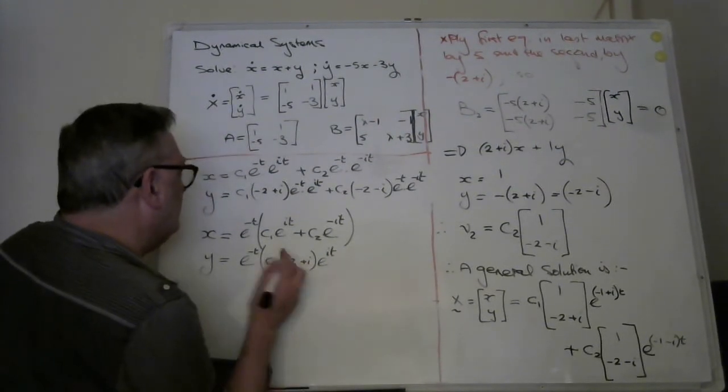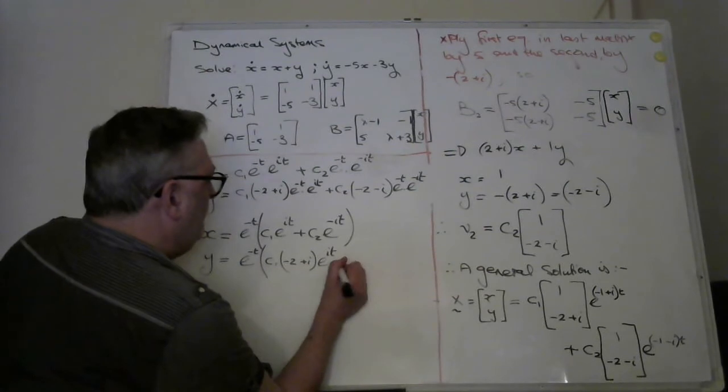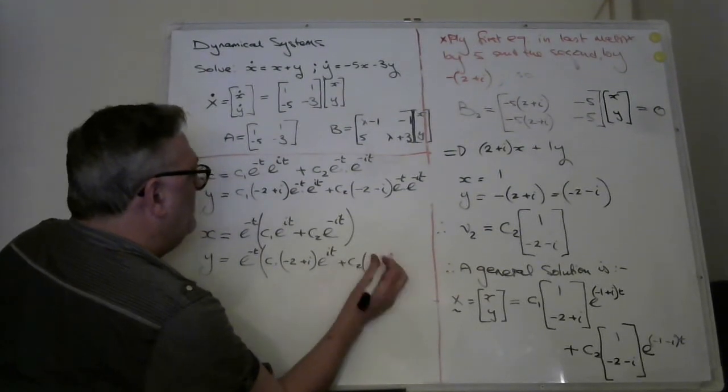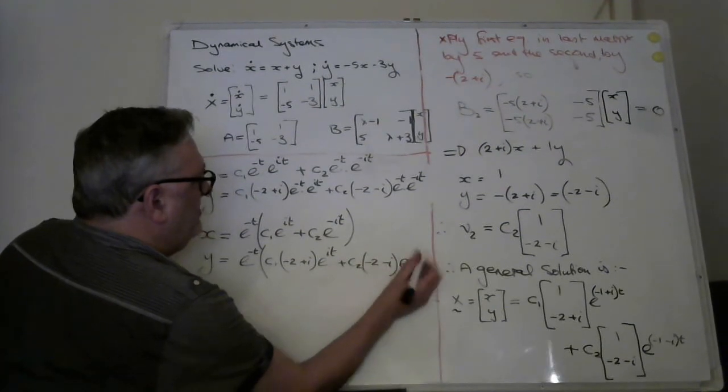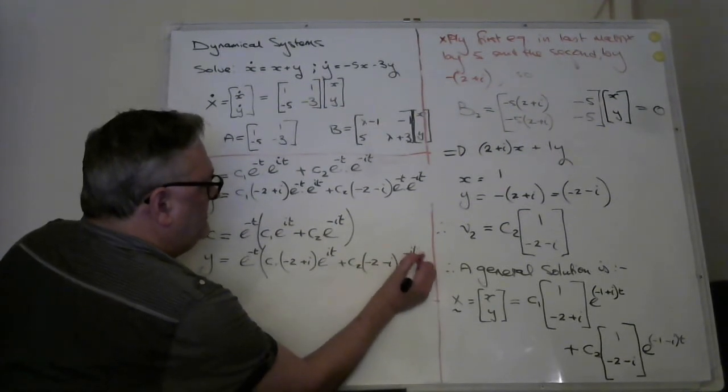That should be c1, shouldn't it? Plus c2, minus 2 minus i, e to the minus i t.